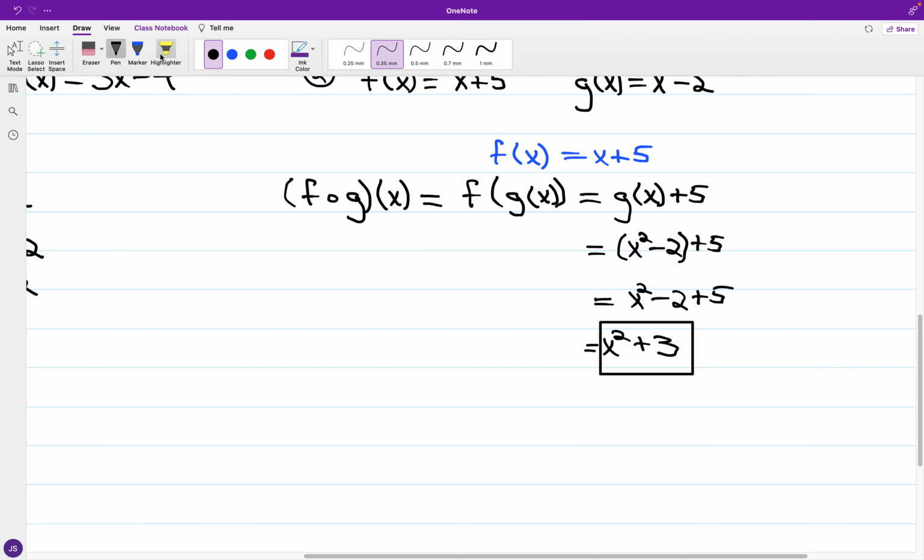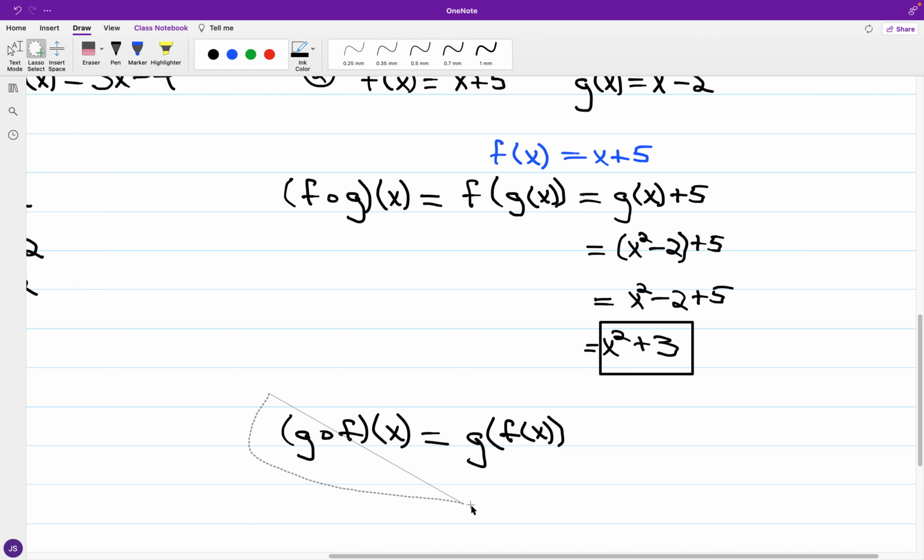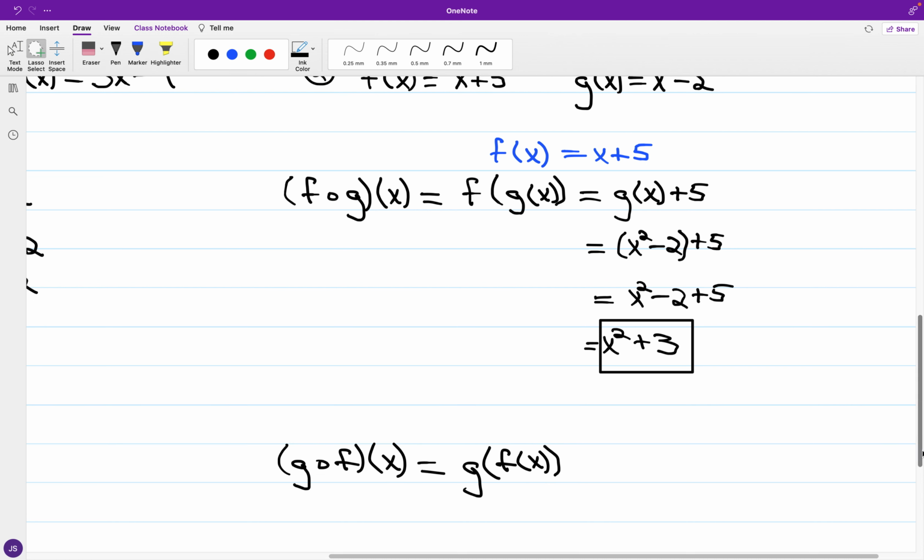Then, in the case of the role reversal, for g composed with f of x, you have g of f of x. For this arrangement, you're going to work along the lines of g.